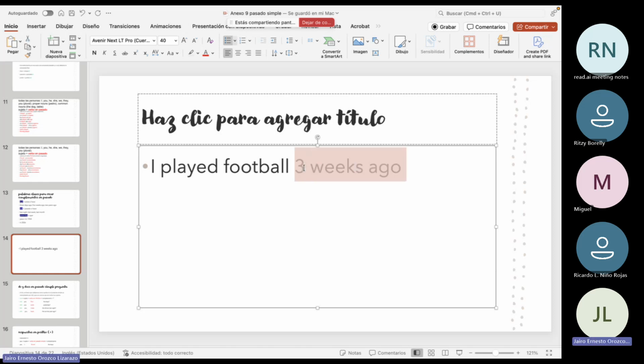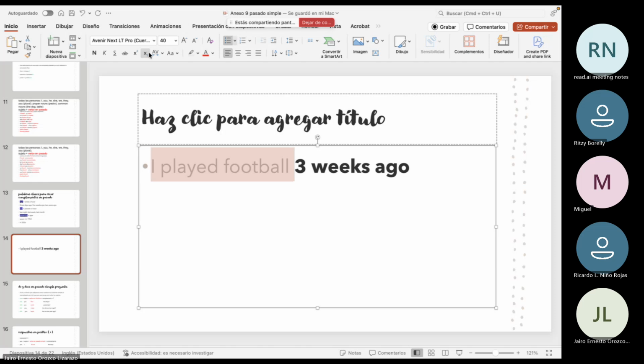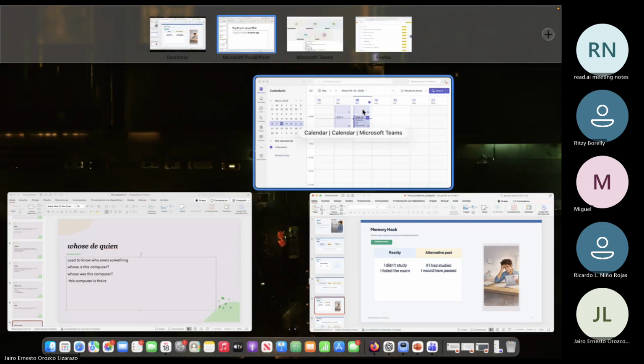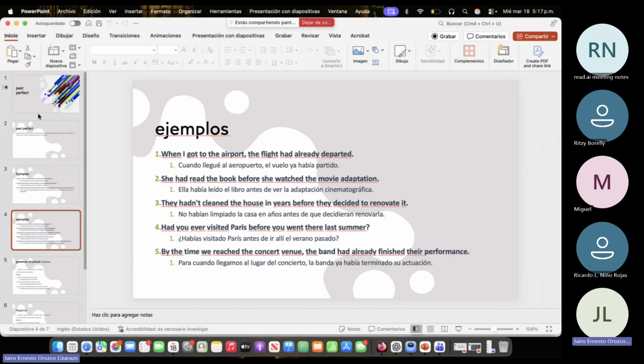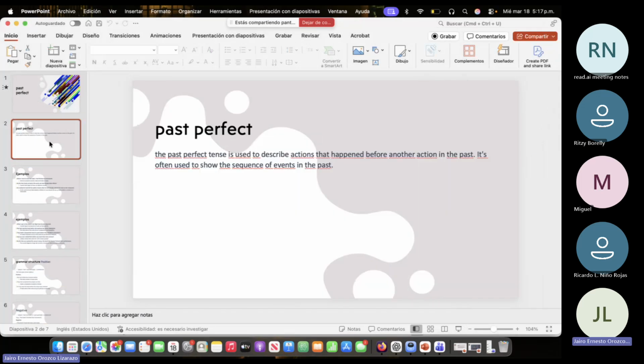So we are specifying when this action happened. Okay. So that is past simple. And then we have past perfect, right? Past perfect is basically a tense which is used to describe an action that happened before another action in the past. Okay.